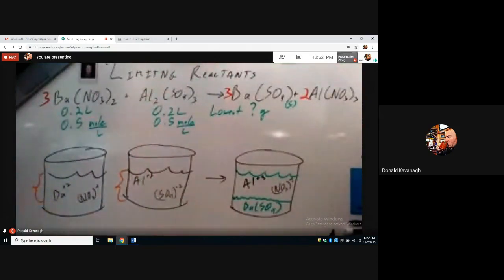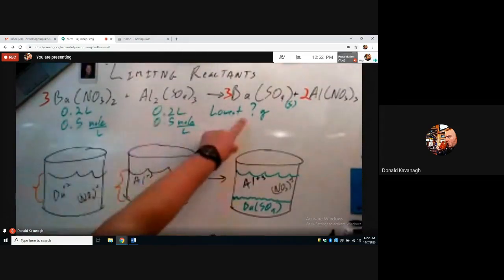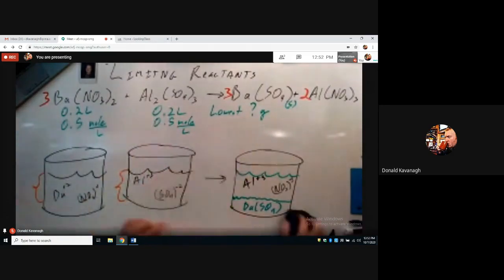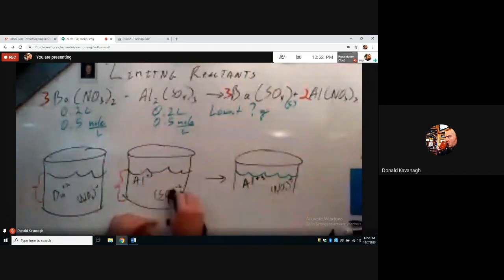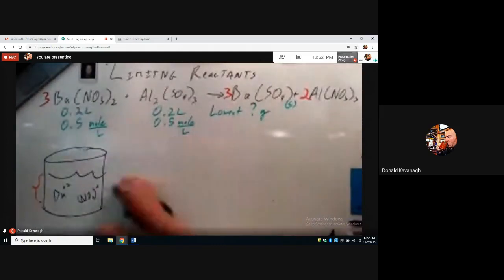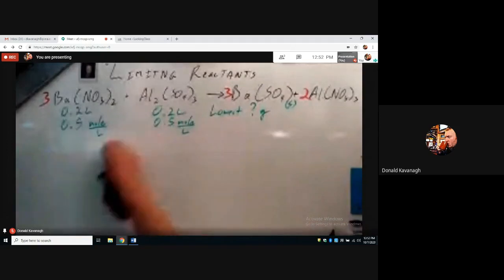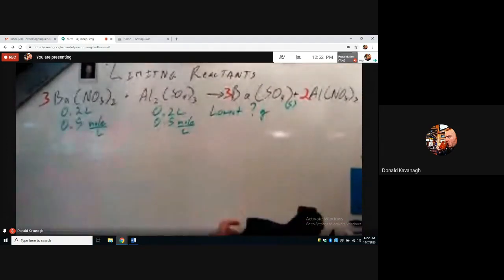We have to do 2 calculations, one with the bread and one with the meat, to figure out how many grams of barium sulfate could precipitate or crash out of solution. So I'm going to start with the meat because I think that's just the best part of the sandwich. The aluminum sulfate here.